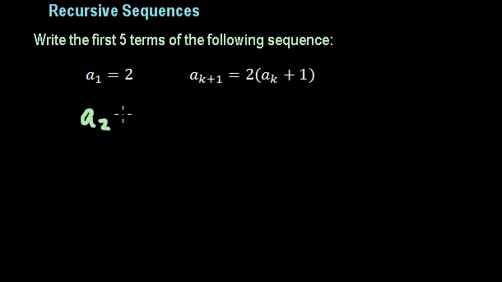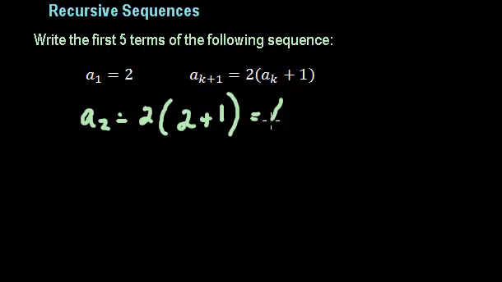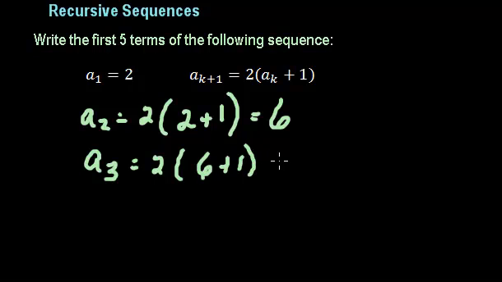That's basically what this says. So in this next number, k is 1, so you'll notice that it's 2 times the previous, which just happened to be 2, plus 1. So this is going to be 6. A sub 3 is my next one, and that's going to be 2 times a sub k, which is the previous, 6, plus 1, and this is going to be 14.